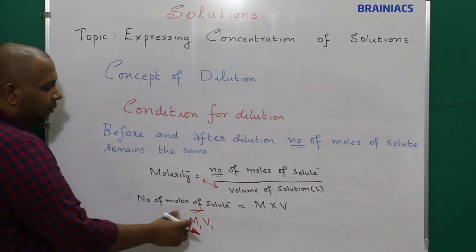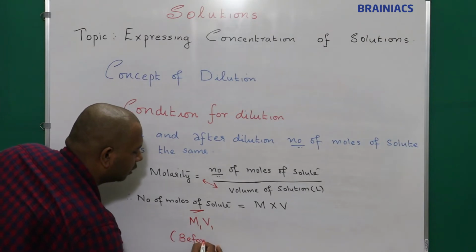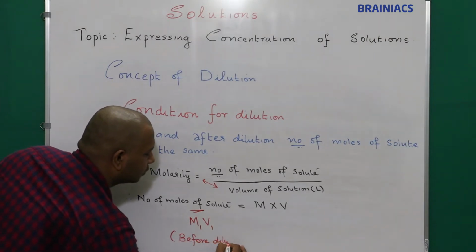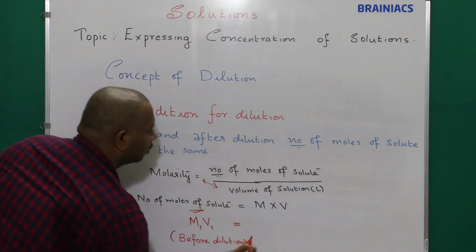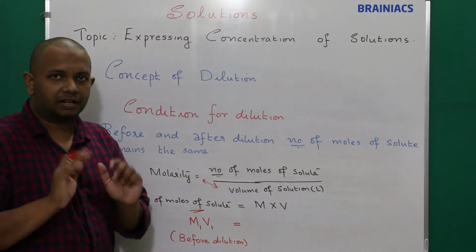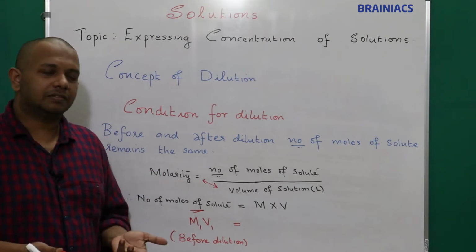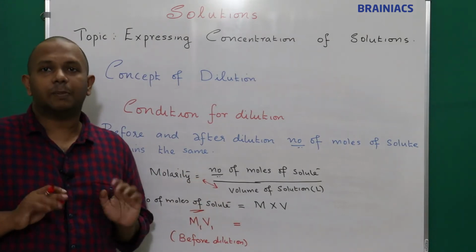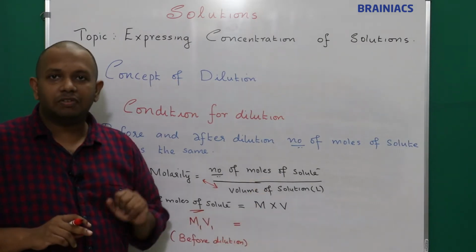Let me say this is the case before dilution. So before the dilution, the number of moles of the solute can be represented as M1 into V1. Correct? Now after the dilution, the number of moles of the solute remains the same. So can I say that after dilution it is again M1 V1?